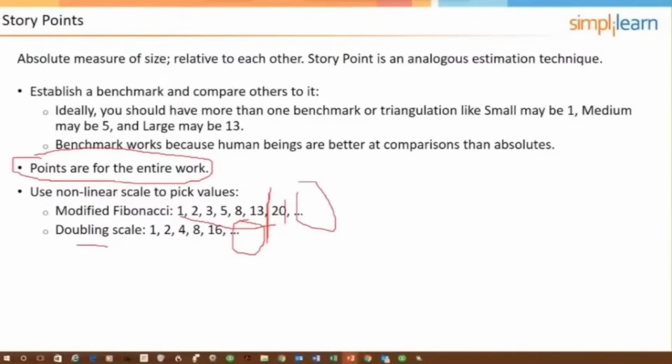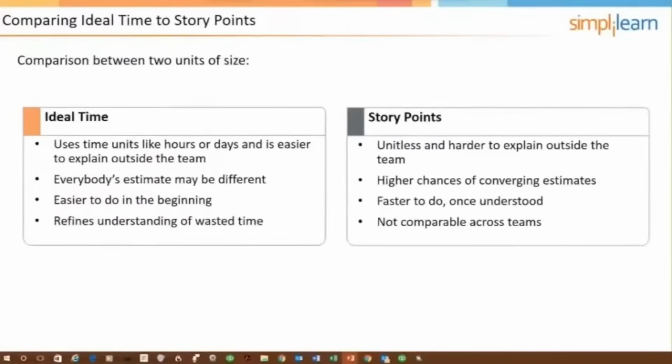Yes, we're looking at the X factor, and if we've got an unstable user story, then we're probably going to say, this is going to be a bigger user story than one that's similar but has a much lesser level of uncertainty. So that's the story points. Let's compare the two.